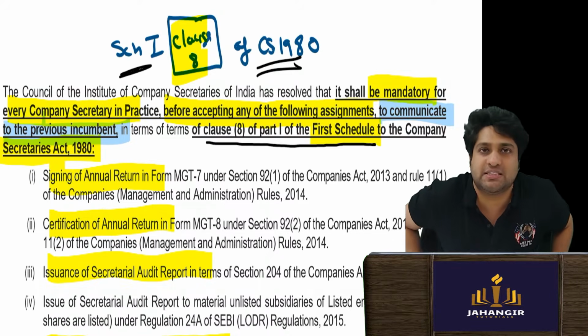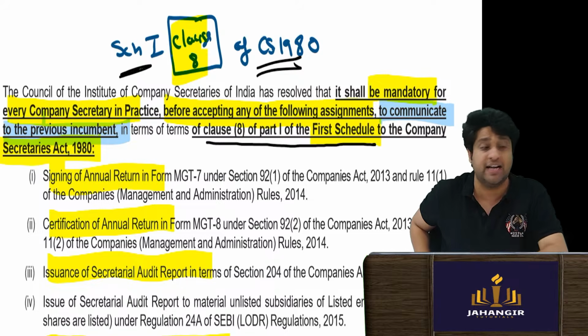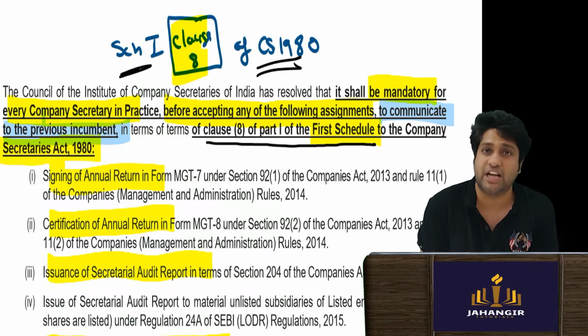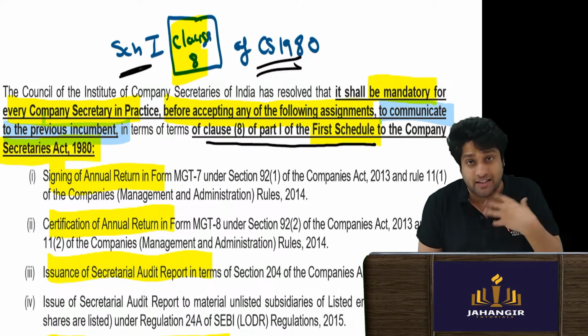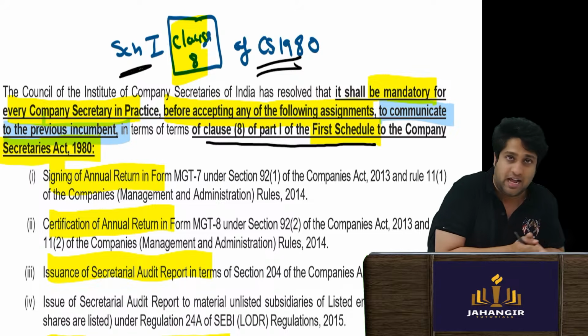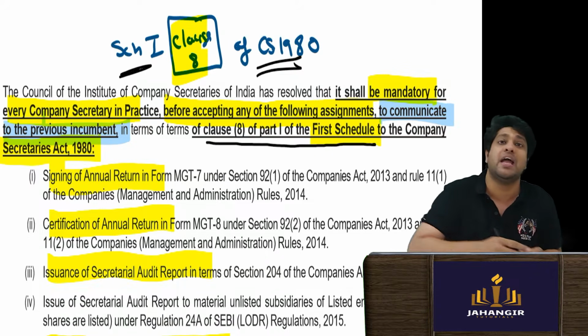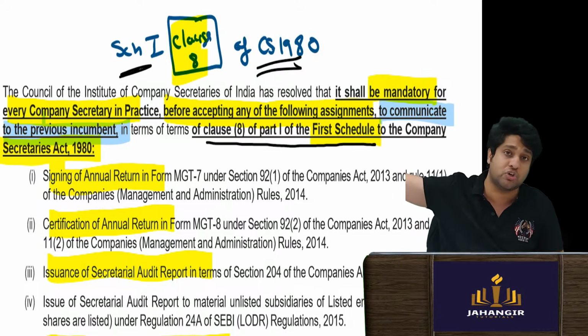So as per CS Act clause 8 of Schedule 1, it is the mandatory requirement of a company secretary, when he is entering in as an auditor to do a secretarial audit, it is his mandatory duty to contact the incumbent, the previous auditor.